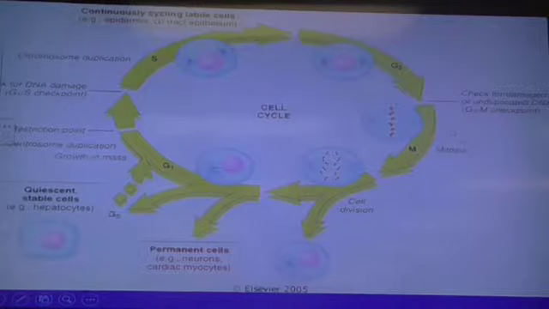Just to remember the cell cycle. After the cell divides, usually it becomes quiescent unless it needs to divide again, and it's just there. Unless something happens where you need to become hyperplastic or you need to respond to something, and then you go back into the cell cycle to divide again. And normally, within the cell cycle, you have these DNA damage checkpoints.